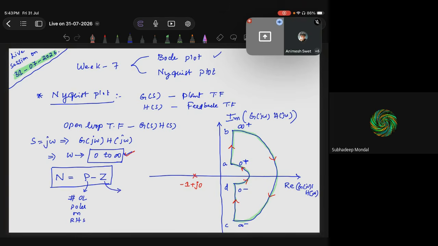Z is nothing but the number of closed loop poles on the RHS. And N is nothing but the number of encirclements.